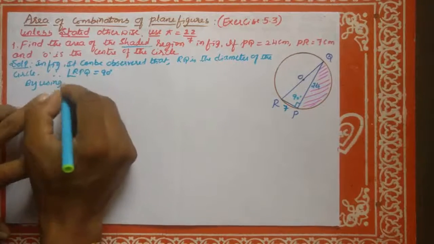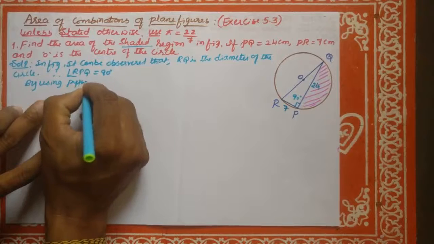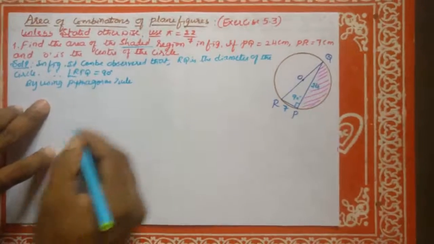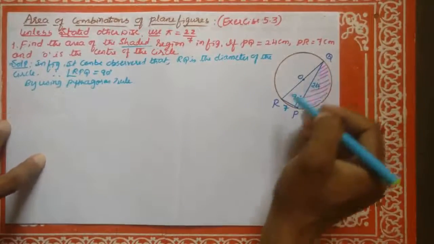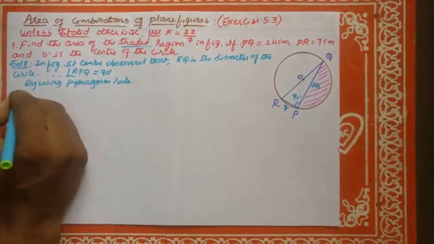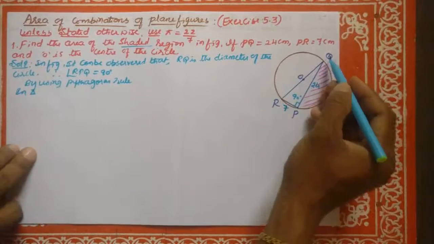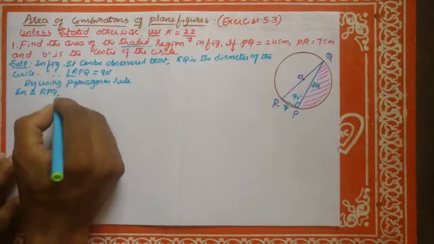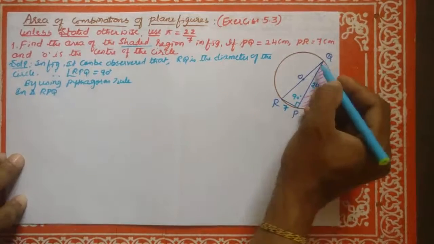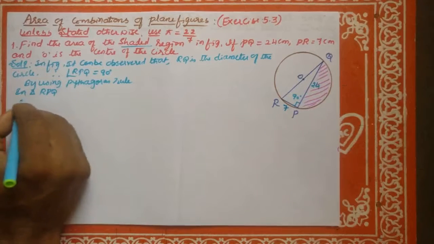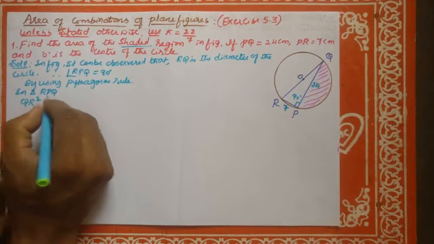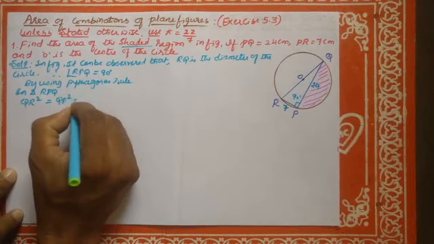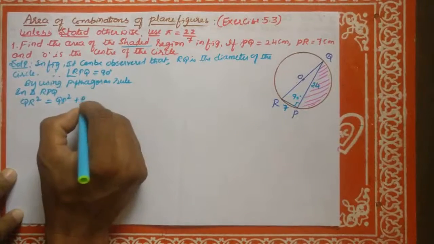By applying the Pythagoras rule in triangle RPQ, QR square is equal to QP square plus RP square.